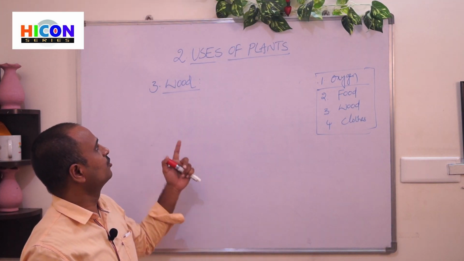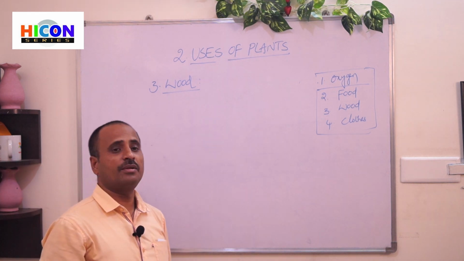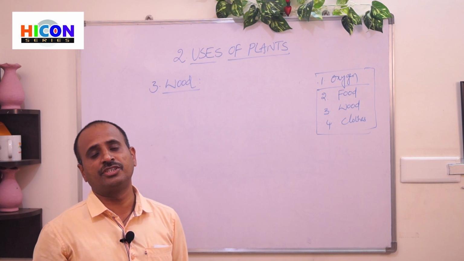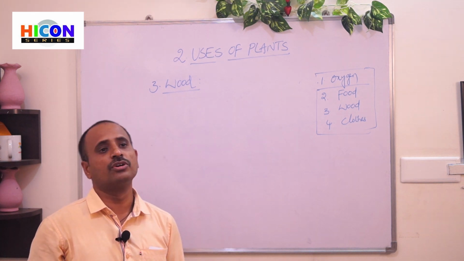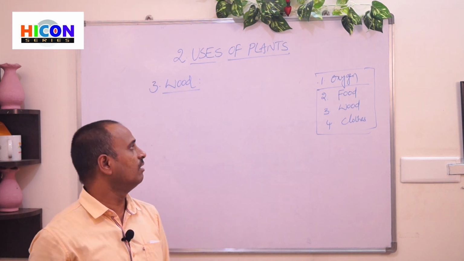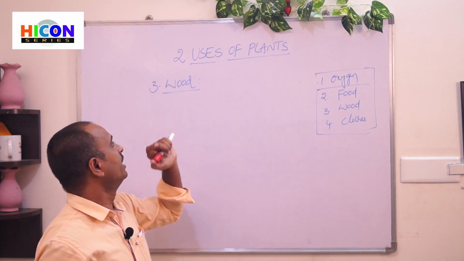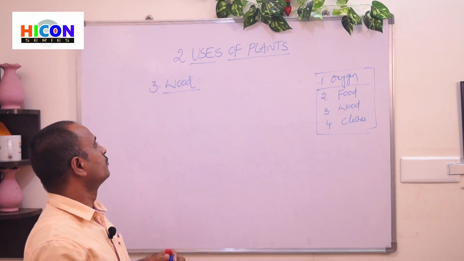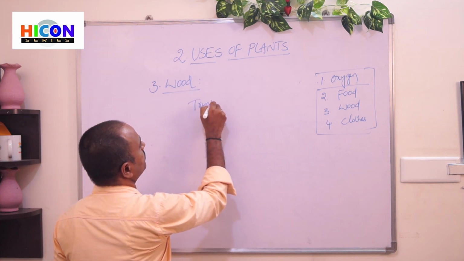The next use of plants is wood. That means we are making different types of furniture, doors, windows, tables, chairs, benches. All these items are made up of wood. And where do we get this wood? This wood will be obtained from the trunk of the plant.